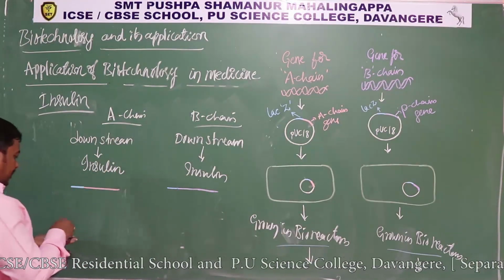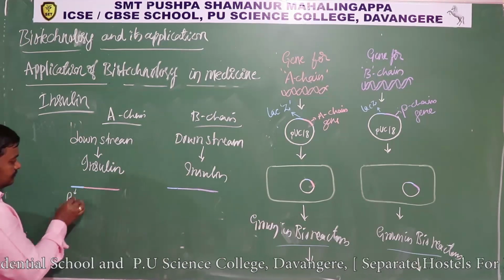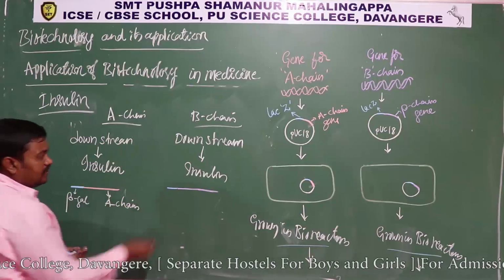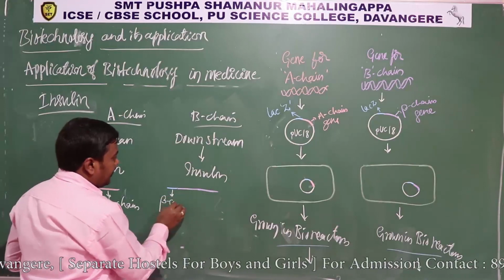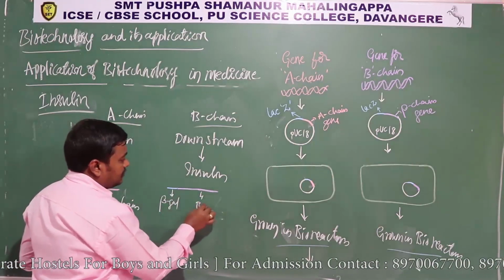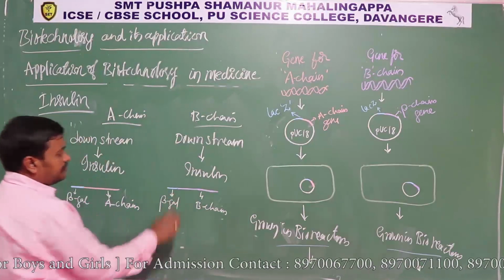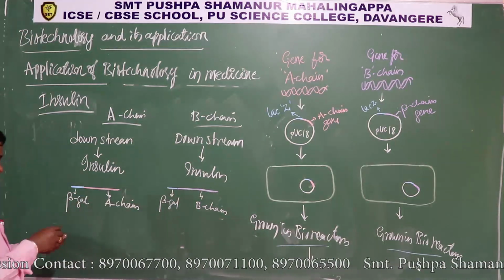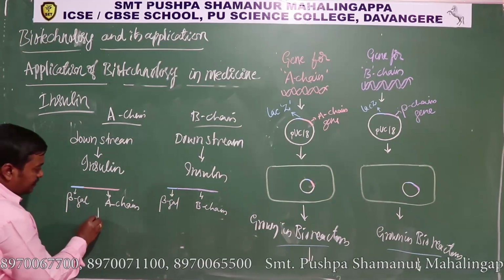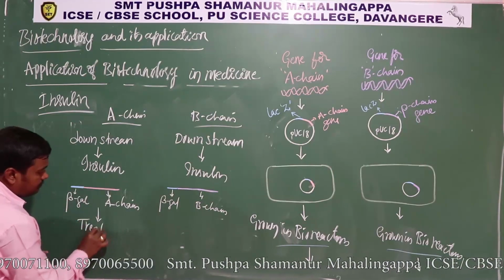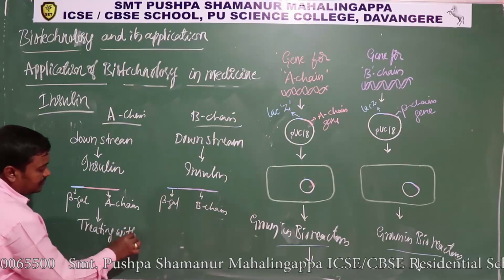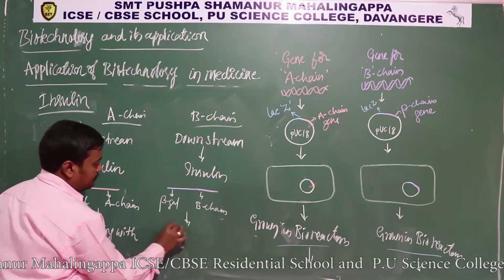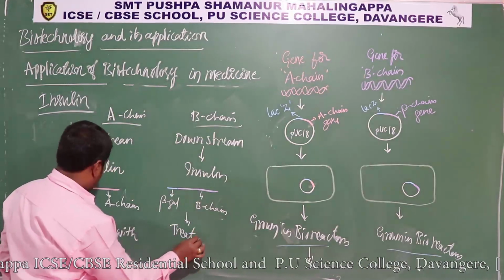If it happens like this, look here. So this is B gal, this is A chain. Okay, and this is B gal, beta galactosidase, and this is B chain. But we don't need this beta galactosidase, it appears as a blue color colony. Okay, so this could be removed. Beta galactosidase can be removed by treating with CNBr, cyanogen bromide.